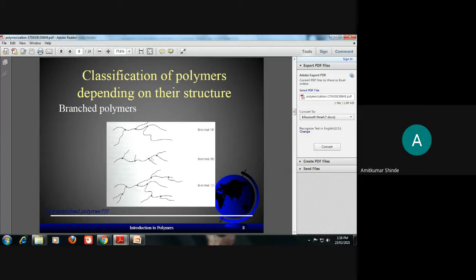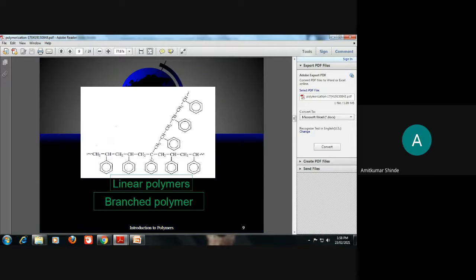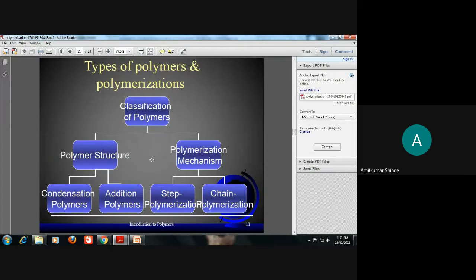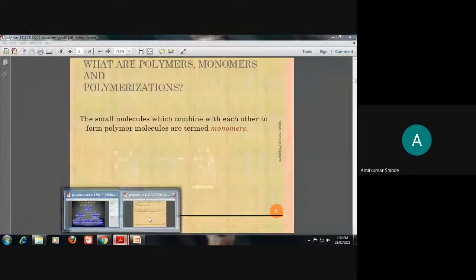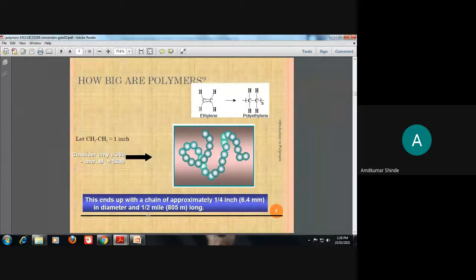Now we will move towards the actual part, that is the classification of the polymerization process. Now here in this diagram, I will check in the other presentation whether that diagram is clearly appearing.